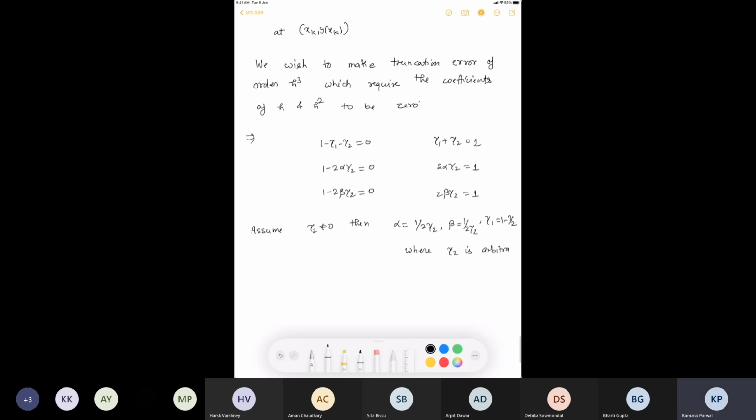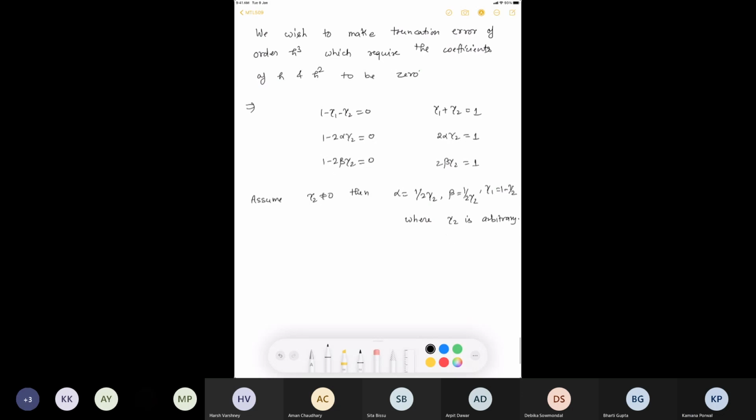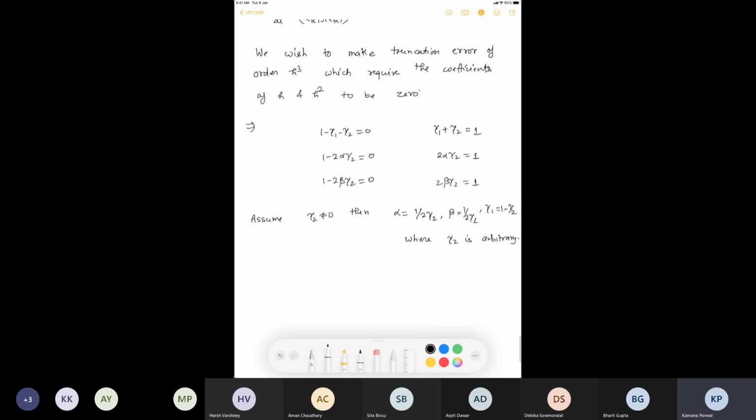Thus for each non-zero value of gamma 2, you get one method, because once you fix gamma 2, you can determine alpha, beta, and gamma 1. Basically, we have not just got one method, we have got a class of methods.